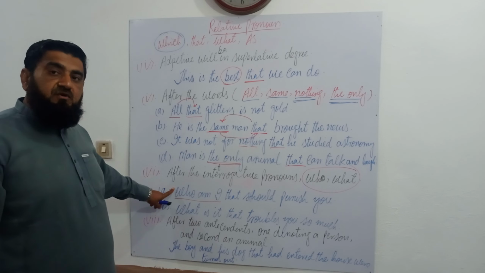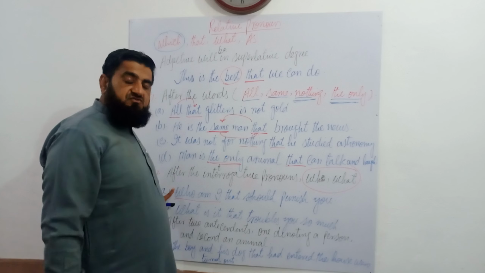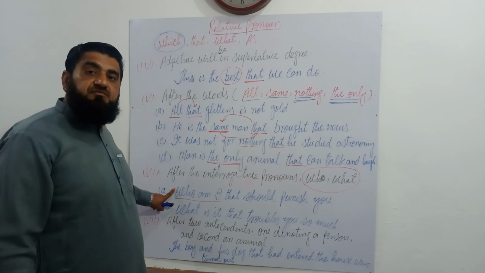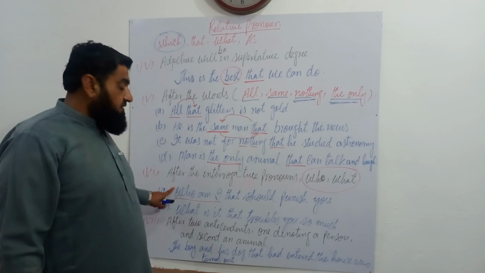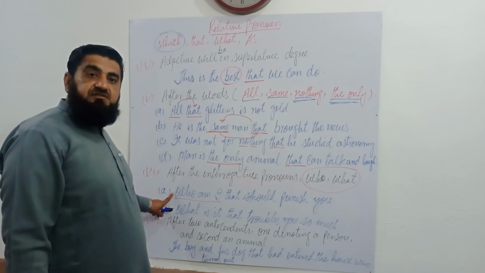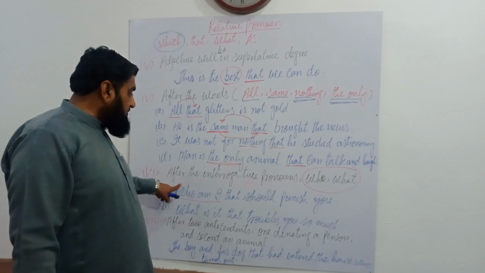You know, syntax, semantics and phonetics, and syntax is very important. Syntax is the function of a word in a sentence. Here, who is an interrogative pronoun, not a relative pronoun.